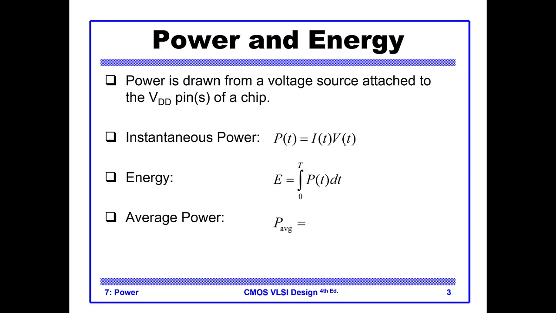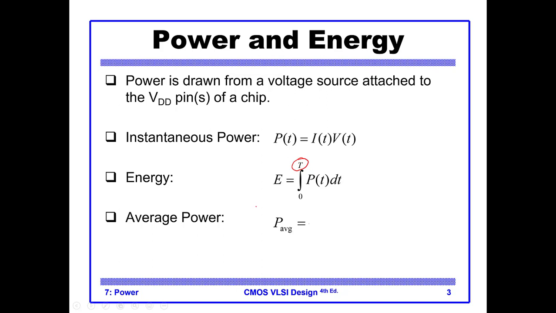Now energy, on the other hand, is the integral of instantaneous power. So for a specific period of time, you sum up all the instantaneous power and you call this energy.